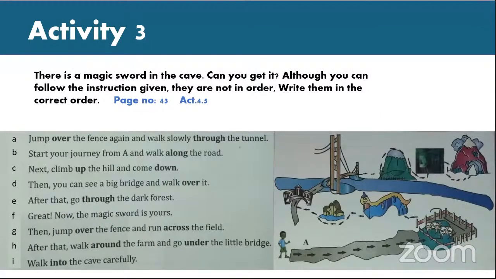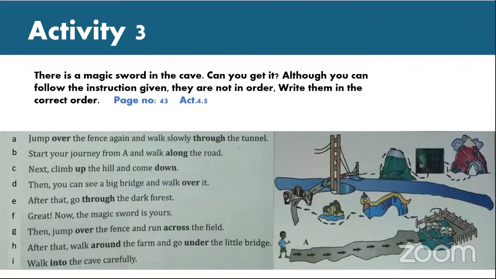Okay. Now you move on to the activity. In your book, you have an activity on page number 43 in your pupils textbook. Activity 3, page number 43, activity 4.5.